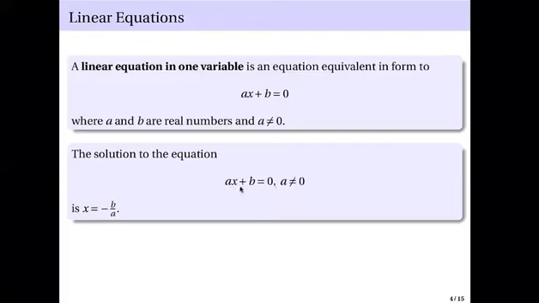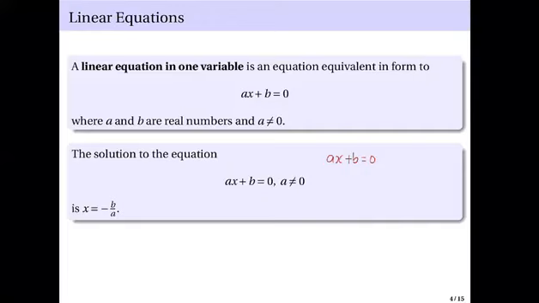Now, from this form, ax plus b equal to 0, how do we get x equals negative b over a? So again, I'll show you the step-by-step computation. We start with ax plus b equals 0, and what we're going to do is to use all the properties that we listed earlier. So again, this is a step-by-step process, so do not be surprised.